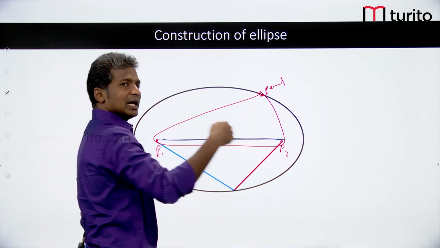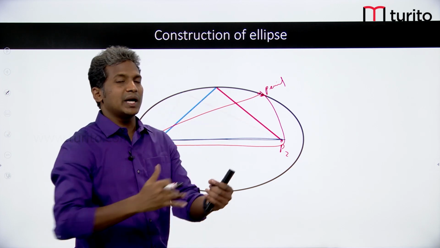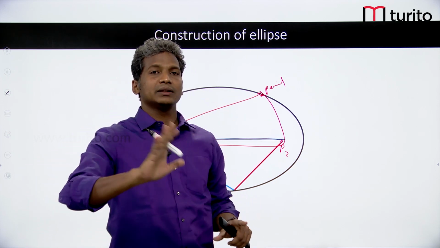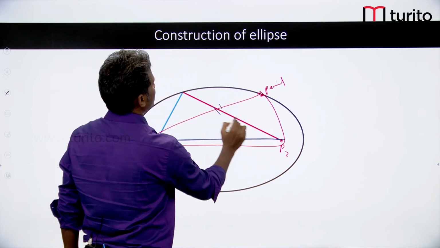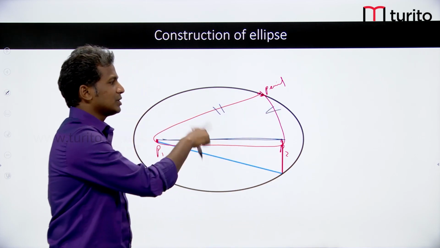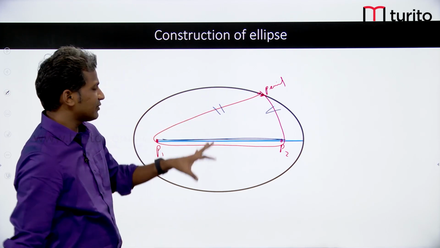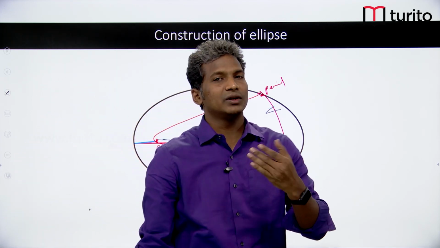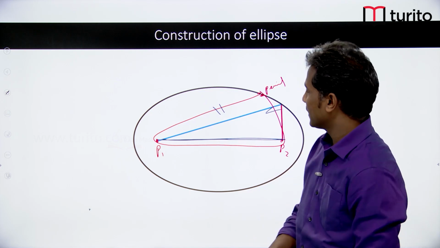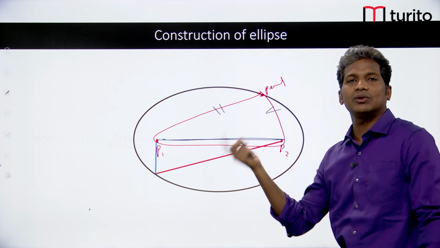So the remaining length of the thread is also constant because the thread is fixed, we are not varying its length. So the sum of these two distances must be constant for all locations of P. Basically we are satisfying the earlier definition that we have learned, which is also a property of ellipse. So using this we can actually draw the ellipse.